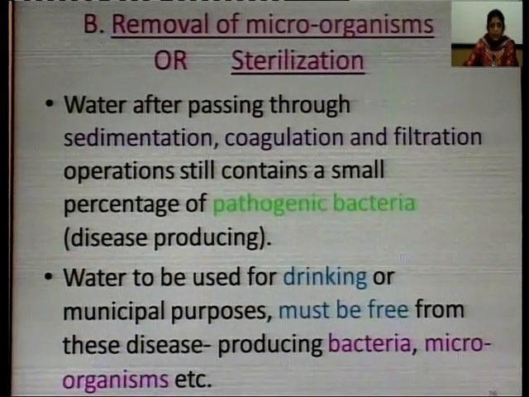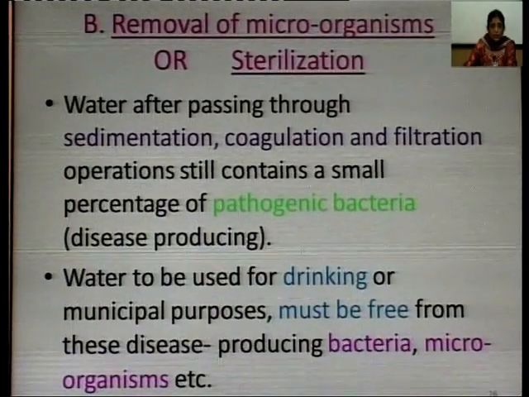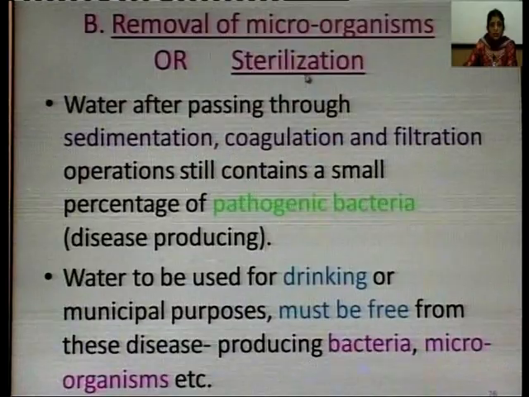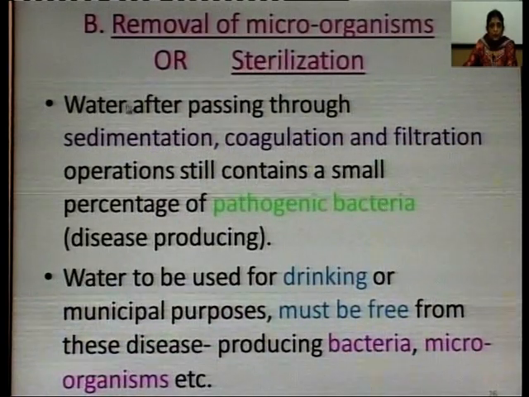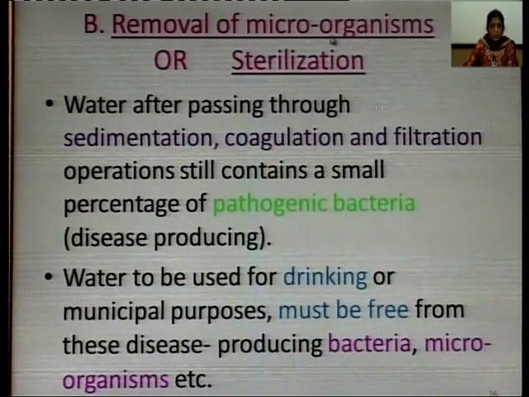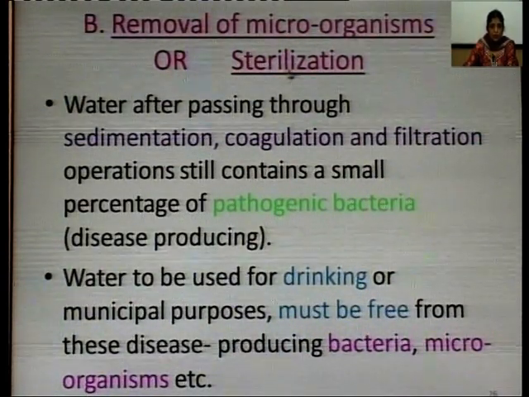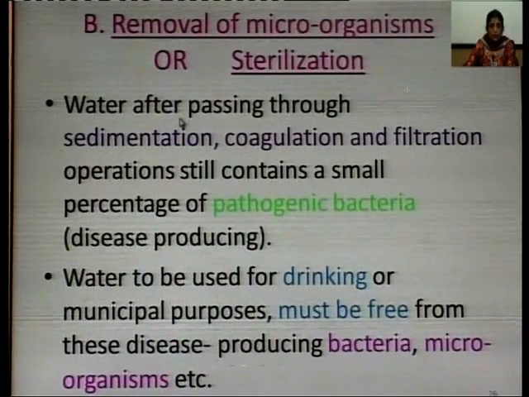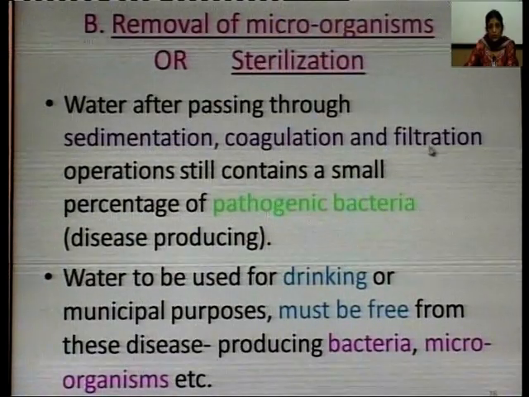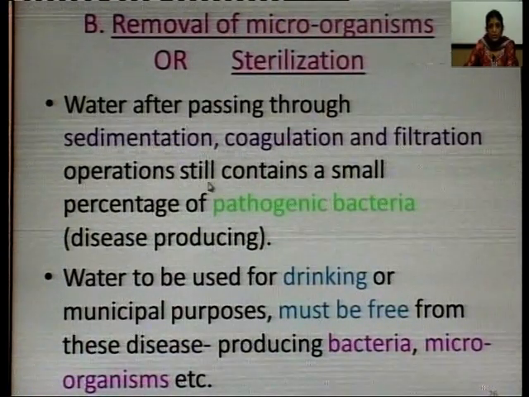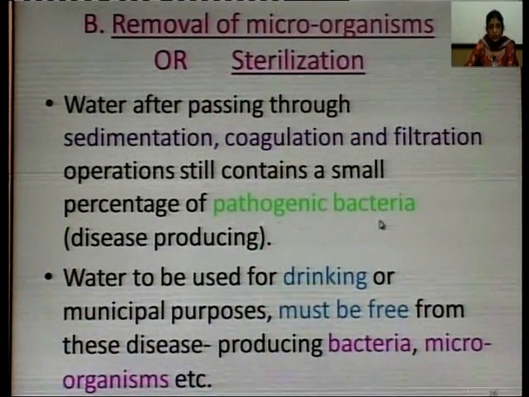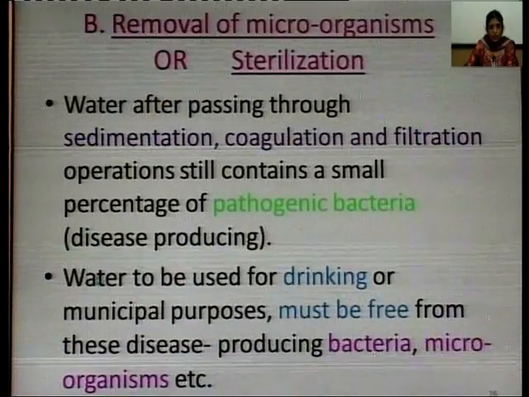Then the second step of water purification is removal of microorganisms, or sterilization. By this method we remove organisms, germs, etc. So, this step is called sterilization. Water after passing through sedimentation, coagulation and filtration operations still contains a small percentage of pathogenic bacteria, which are disease producing.